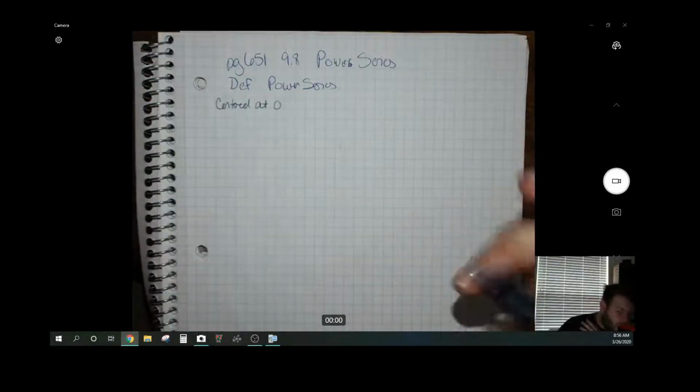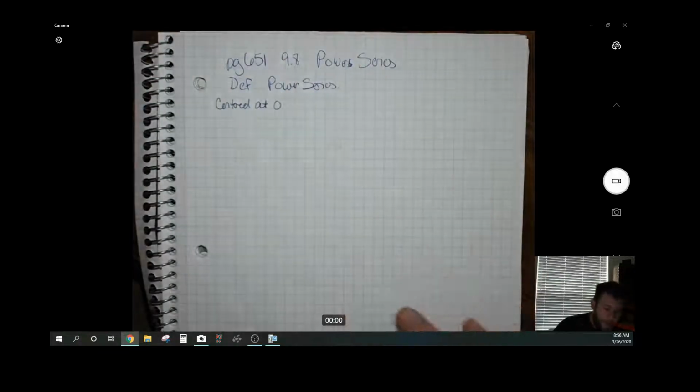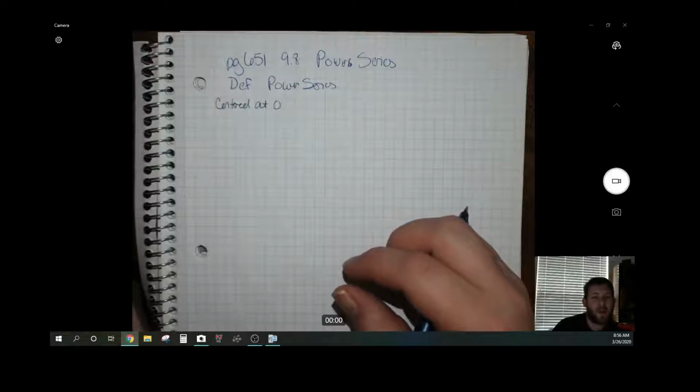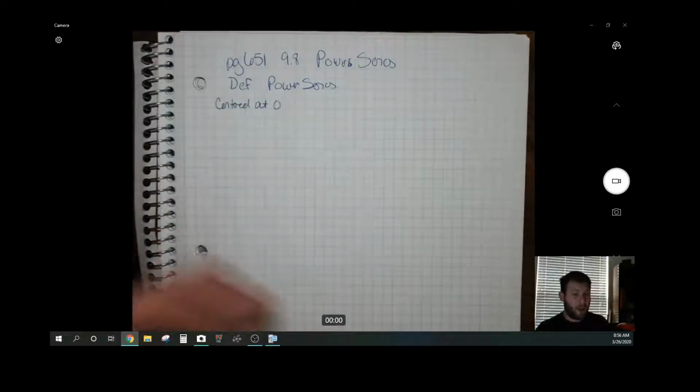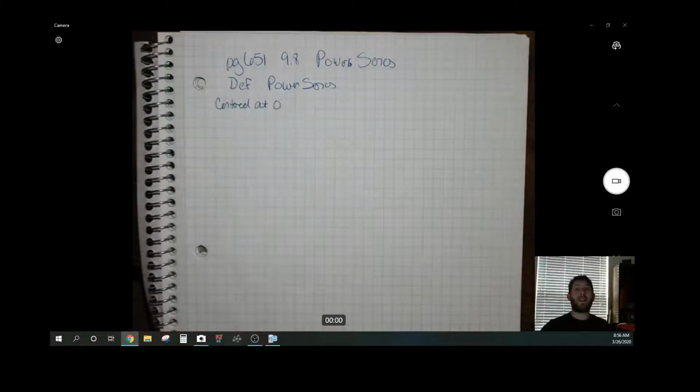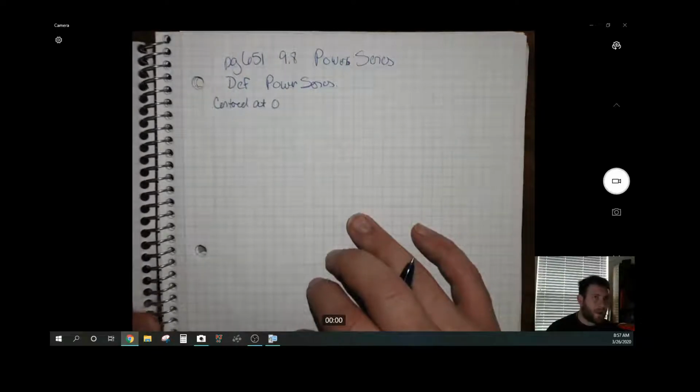What it means is, if you remember, our Taylor series was x minus c, and where c is 0 makes it a Maclaurin series. So when it says centered at 0, we're specifically talking about Maclaurin. If it's not centered at 0, it's centered at c, we consider it to be a Taylor. Well, Maclaurin is a Taylor, but Taylor's not always Maclaurin.